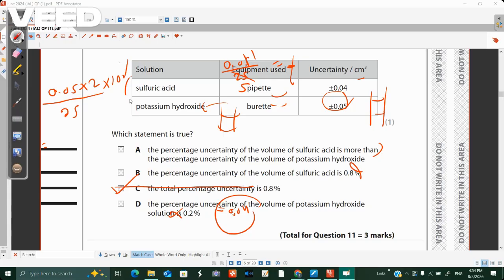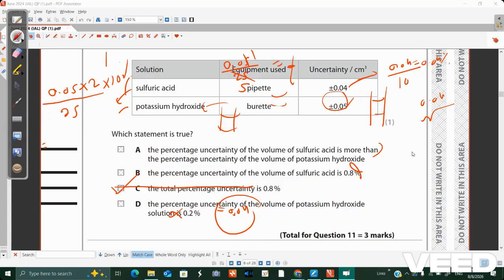But when you are using a pipette, you are making the measurement only once, right? So you get the absolute error of 0.04 over 10. So that is why it becomes 0.04, right? So therefore, when you add 0.04 with 0.04, the total error becomes 0.08, right? So that is why C is correct, B is wrong.